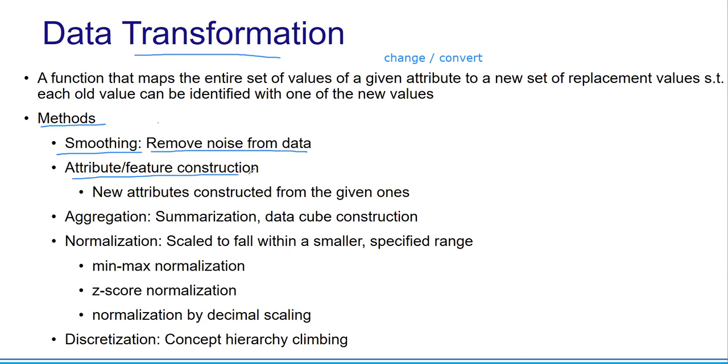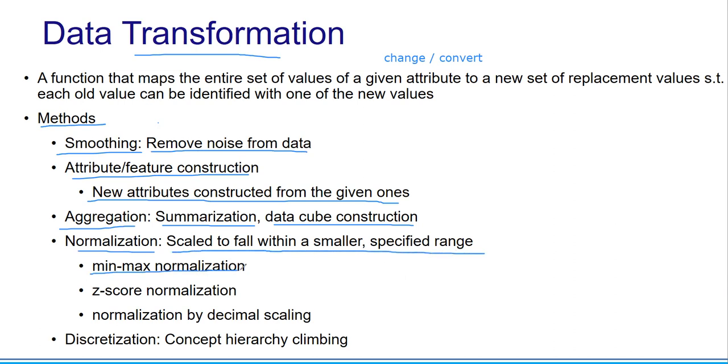We can do attribute or feature construction, which means new attributes are constructed from the given ones. We can do aggregation, which means summarization or data construction. We can do normalization, so the data will be scaled to a smaller value or a specified range.